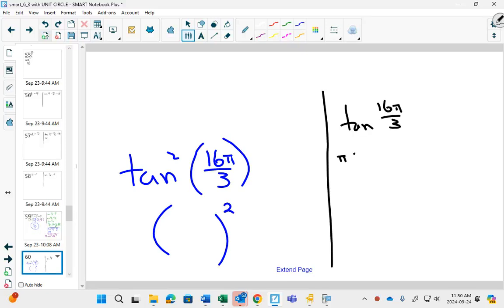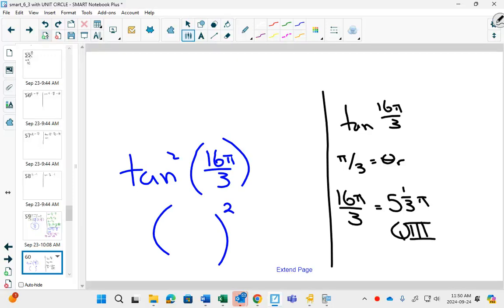Well, first of all, I hope you can see that your reference angle is your pi over 3 family. And 16 pi over 3, as a mixed fraction, would be 5 1/3. 5 1/3 tells me I'm in quadrant 3. I know that tan of pi over 3 is root 3, and I know in quadrant 3 it's positive.